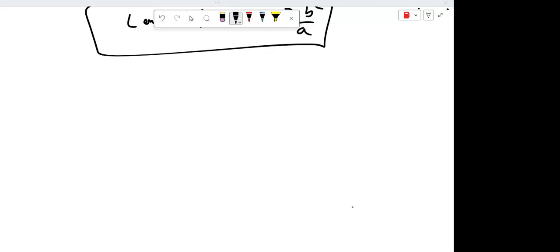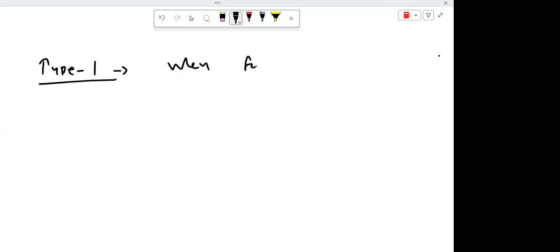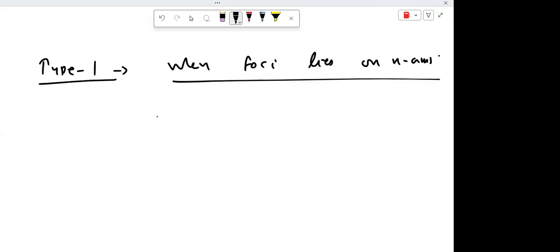Okay, write down type 1: when foci lie on the x-axis.